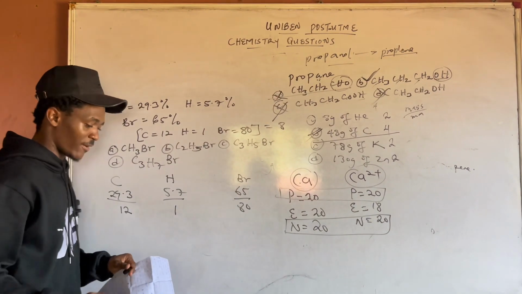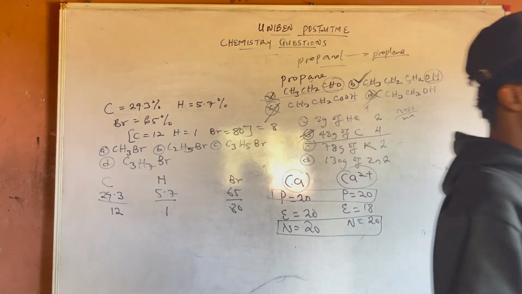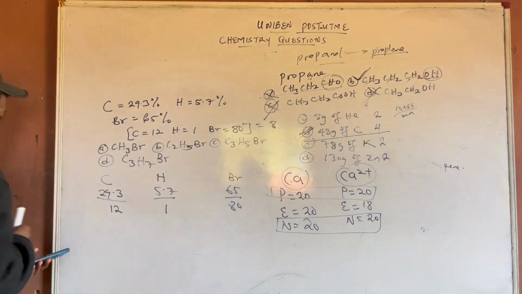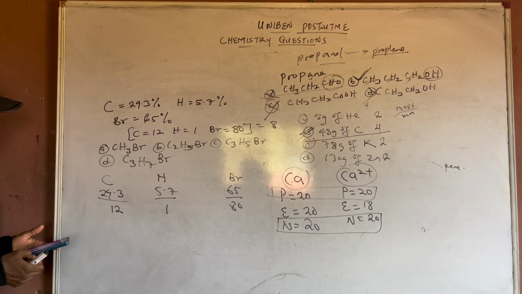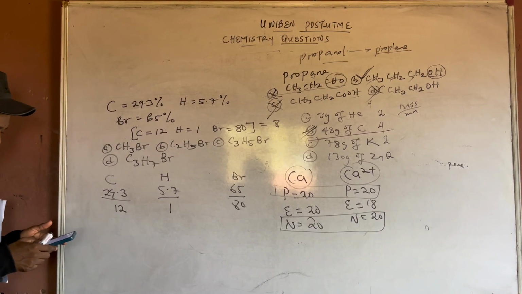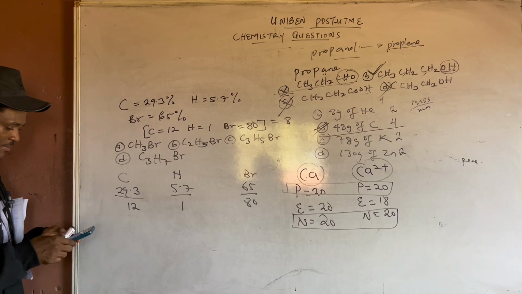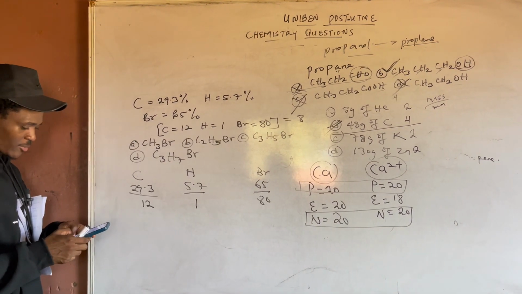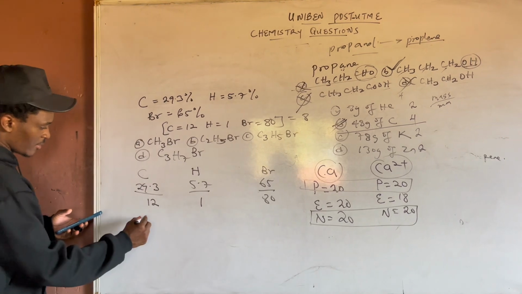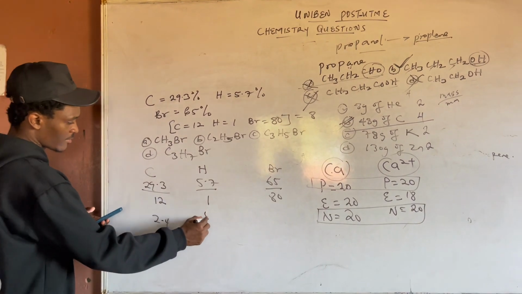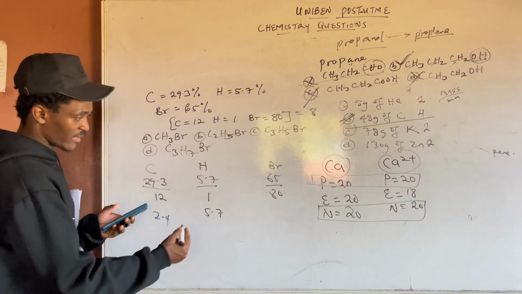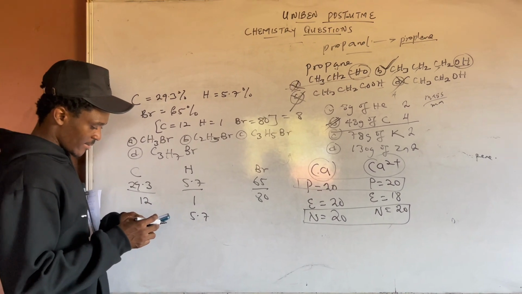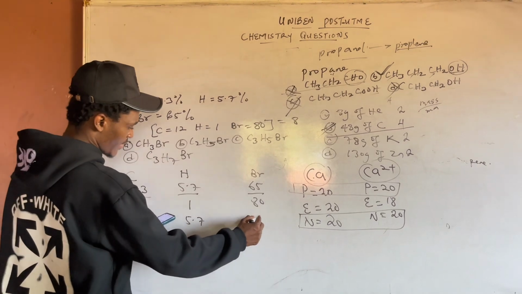With the aid of our calculator, we can do this. 29.3 divided by 12 gives 2.4, then this of course will be 5.7 because by 1 is the same value. Then 65 by 80, that should be 0.8.